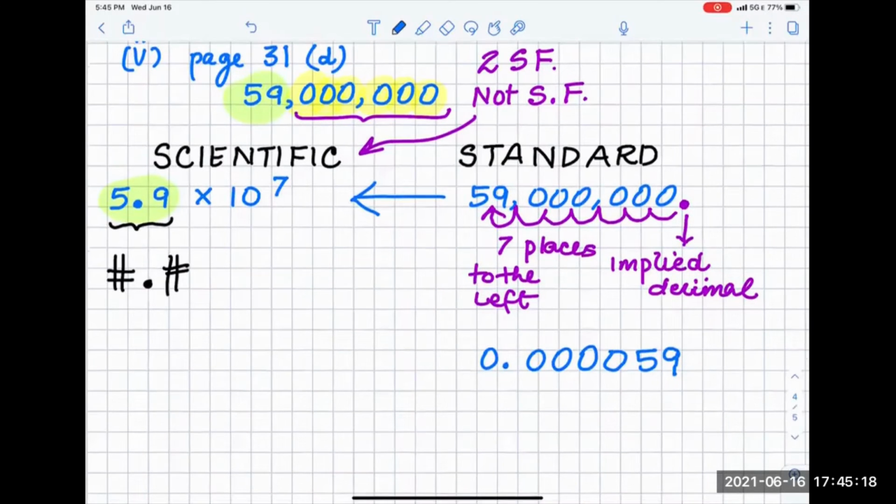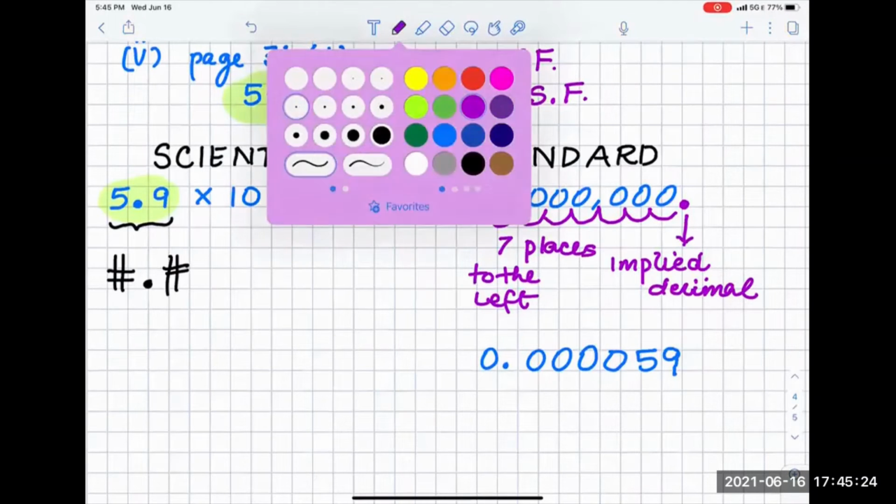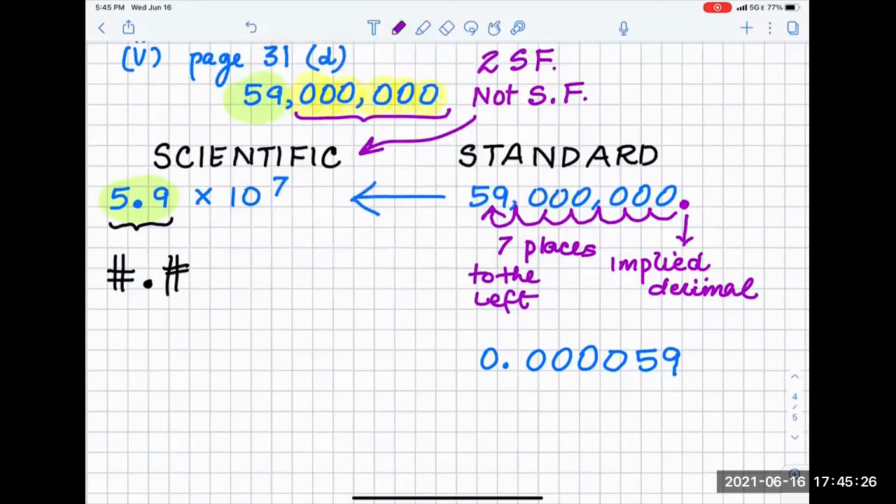In this case, this is also in a way standard form. But when we write it in scientific notation, we move 1, 2, 3, 4, and 5. So you always have to bring it to something like 5.9. How many places did we move? We moved 5 places to the right-hand side.